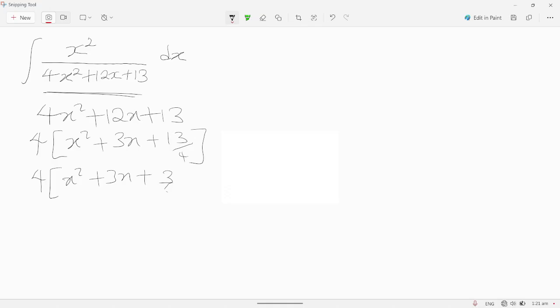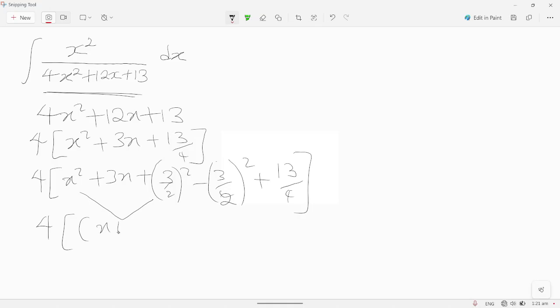So you add and subtract its square, and you end up with something like this. After which you collect these two, so you have x plus 3 over 2 squared, and when you square this one, it becomes negative 9 over 4 plus 13 over 4.